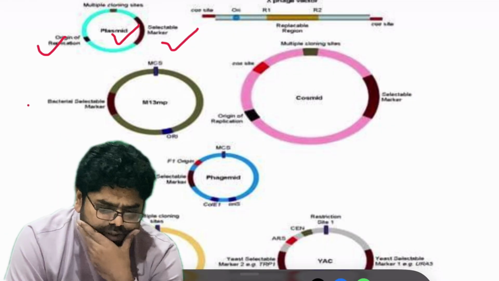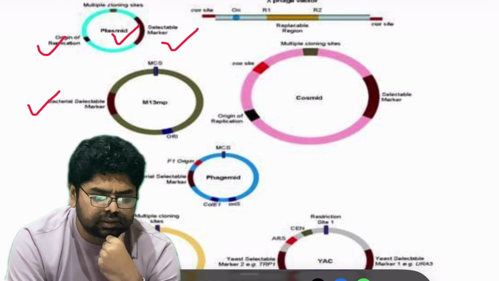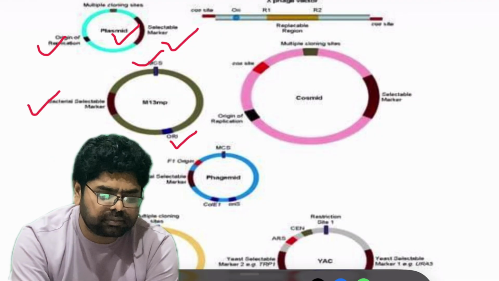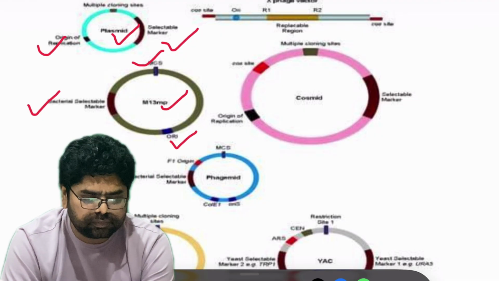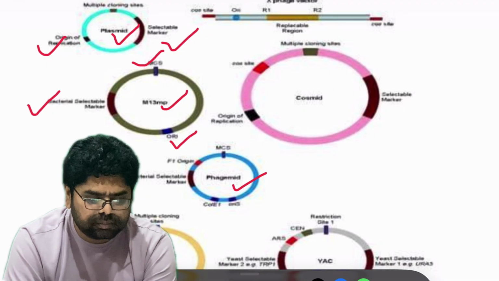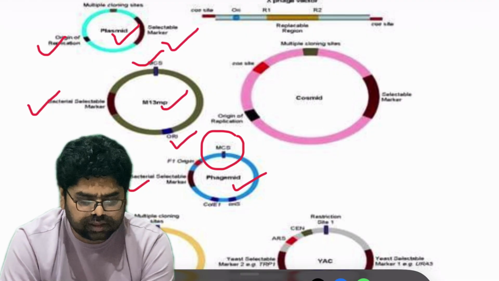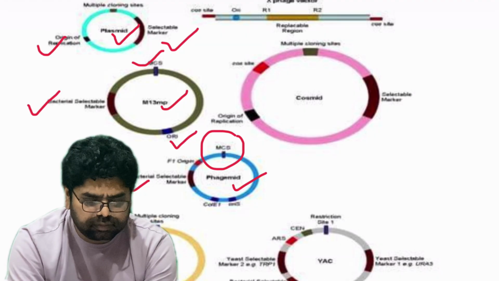Now here you can see this is a multiple cloning site. This is a plasmid. This is the selectable marker gene, and this is the origin of replication. So this is the bacterial selectable marker, this is the origin of replication, and this is the multiple cloning site. This is M13.